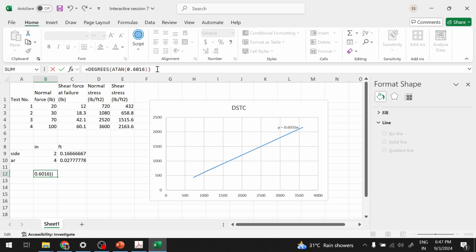The anti-tan of this comes out to be 31 degrees. This was question number 1.